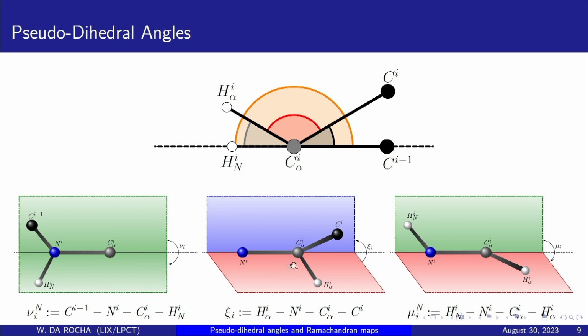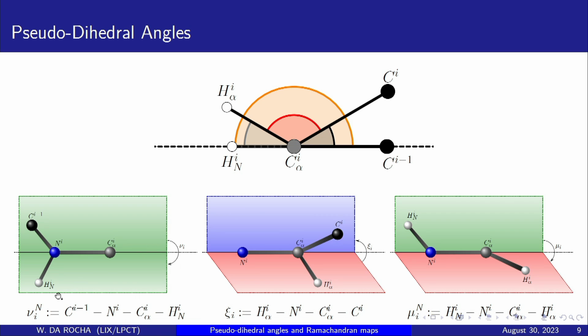The second one is the red one here, and the last one is the gray one, the angle between the two hydrogen atoms. What we can see that is common to all those three angles is that they have the same rotation axis. I mean, the rotation axis of all these three angles is defined in the bond that connects the atoms N and C alpha i.